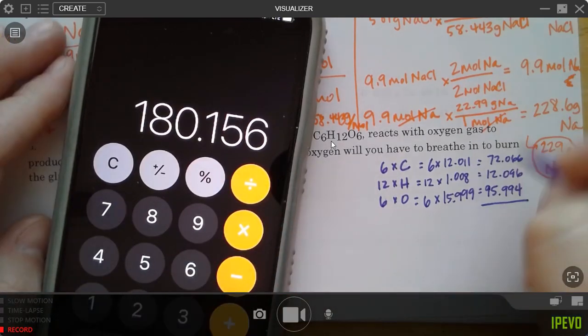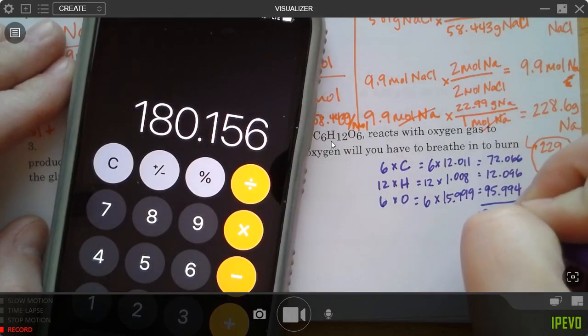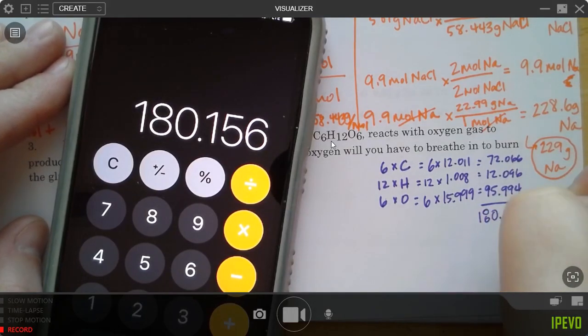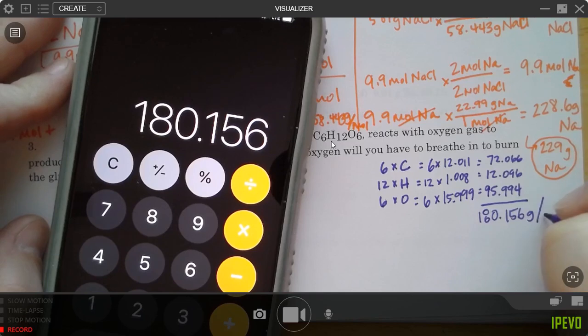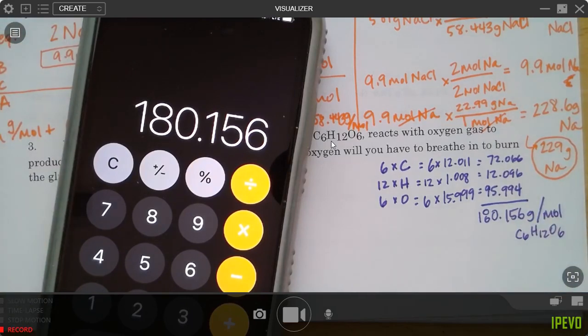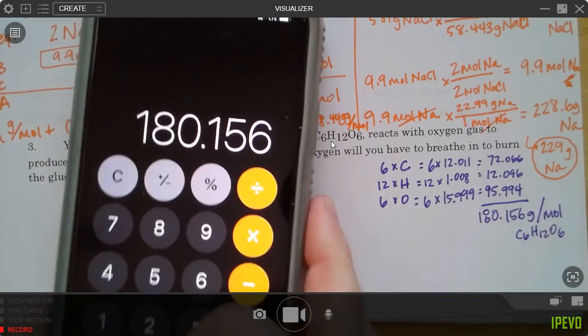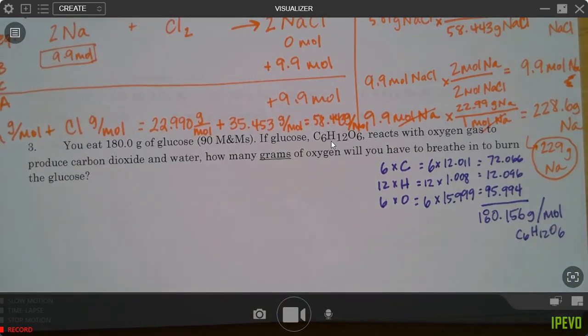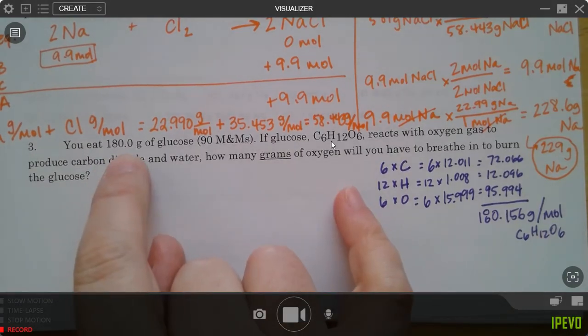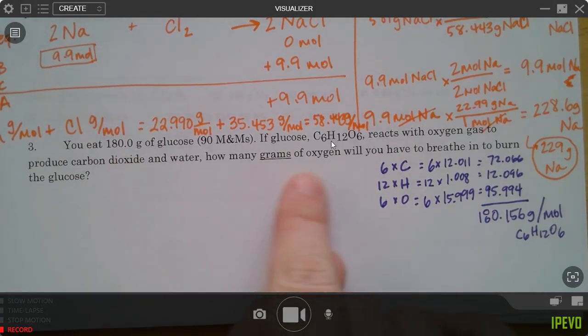And so I got that this has a mass of 180.156 grams for every mole of glucose. And so that's what I'm going to need to use, this relationship, how many grams per mole. That's what I'm going to use to convert my grams of glucose into moles, and then this doesn't ask me to go back into grams from moles for that particular one.